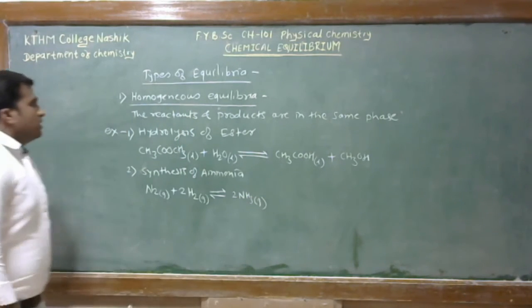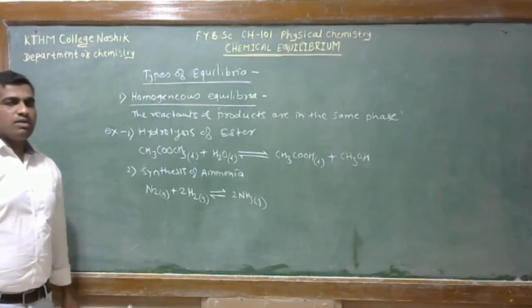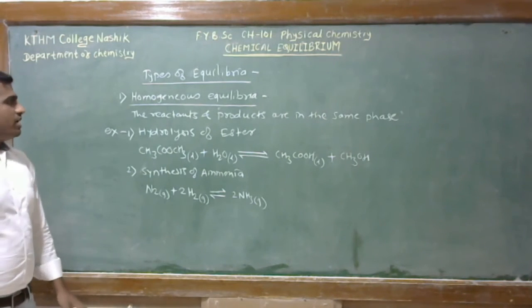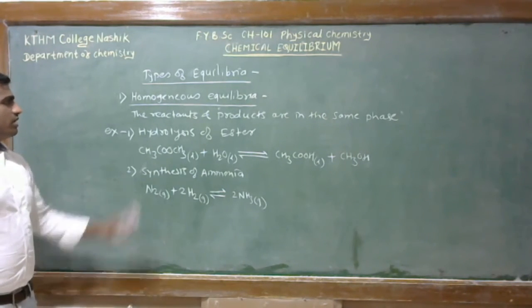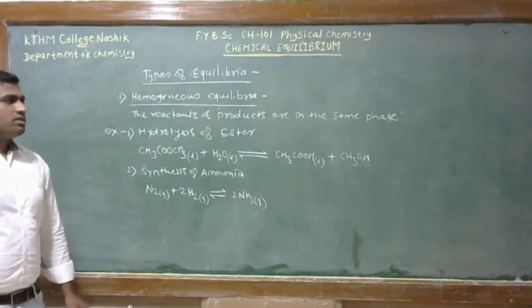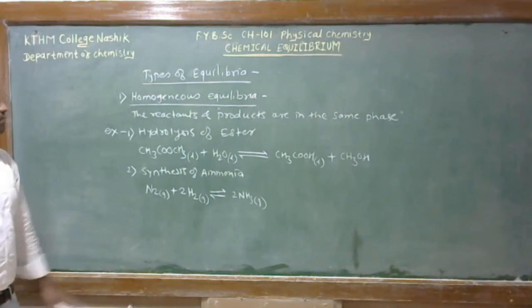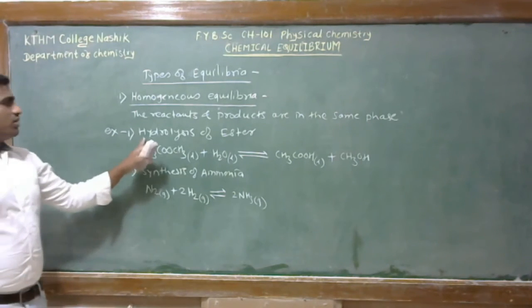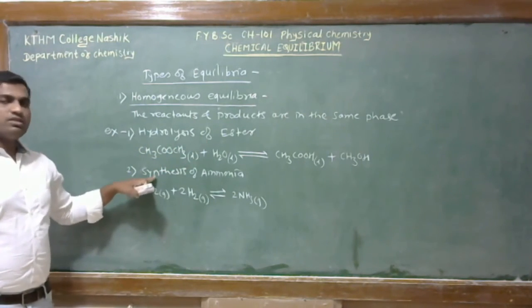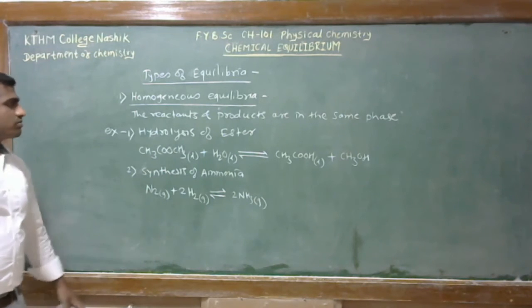Okay. So homogeneous equilibria is nothing but, in a chemical reaction, the reactants and products are in the same phase, and examples are hydrolysis of ester and the synthesis of ammonia.